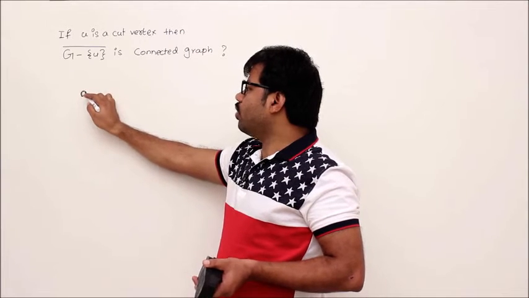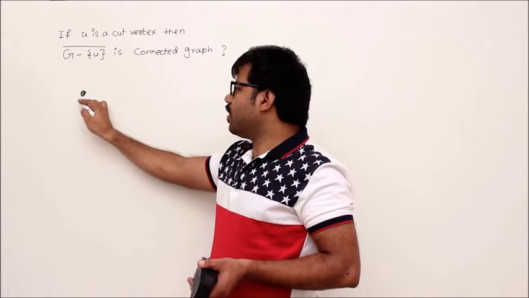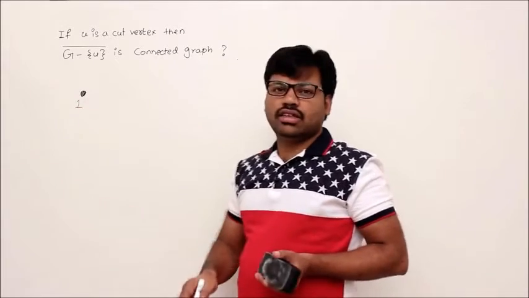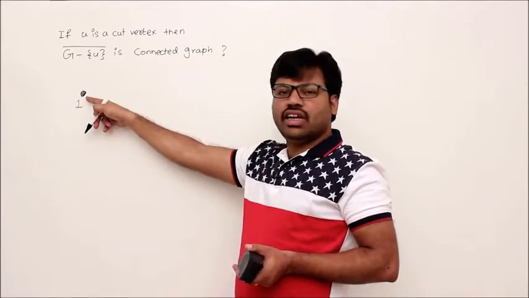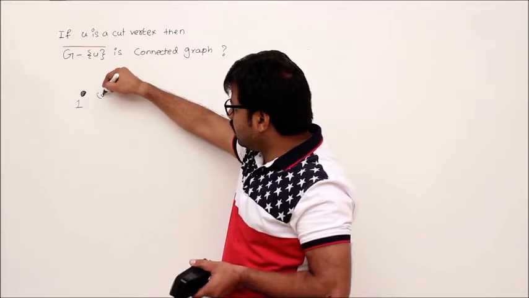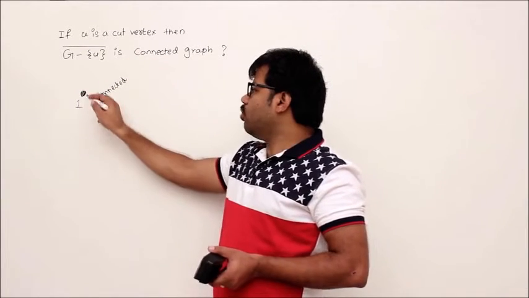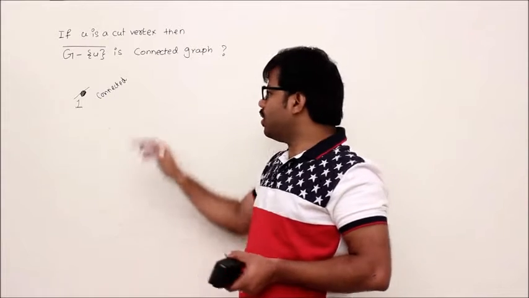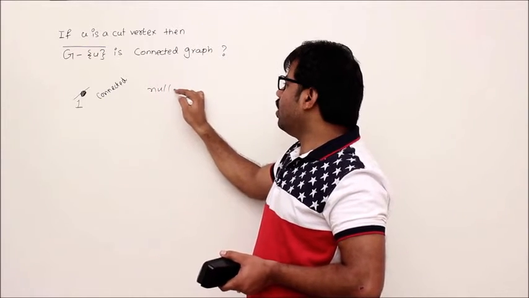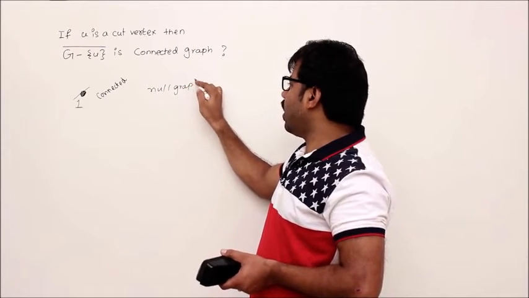Okay. Before going to examples, let me fix one example like this. This is a graph with a single vertex. Okay, it is connected, isn't it? Second, if I remove this vertex from the graph, what happens? You end up with a null graph. Already I told you a null graph is not a valid graph.